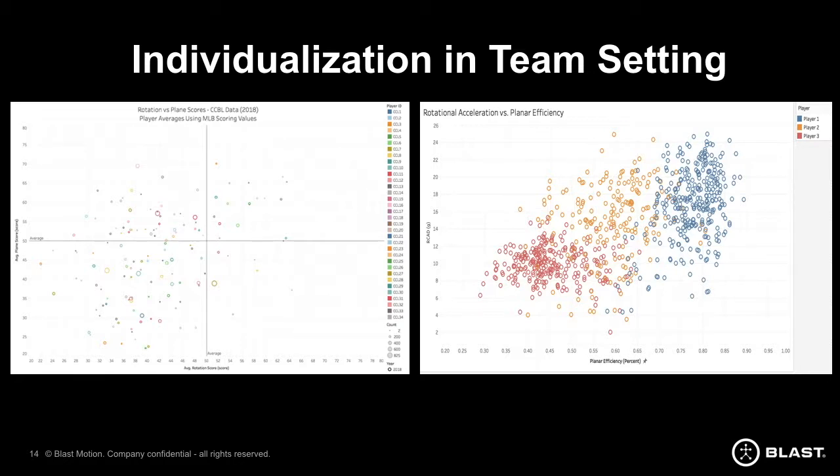So the guy at the bottom left-hand corner in the red is very dispersed. His rotation and his plane are both below average, and very rarely, if ever, does he get to major league average values for those metrics.